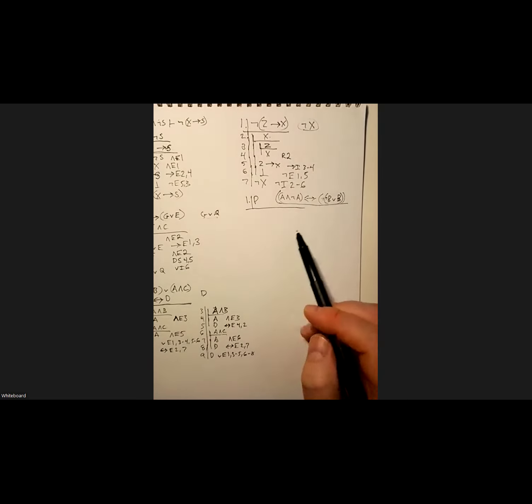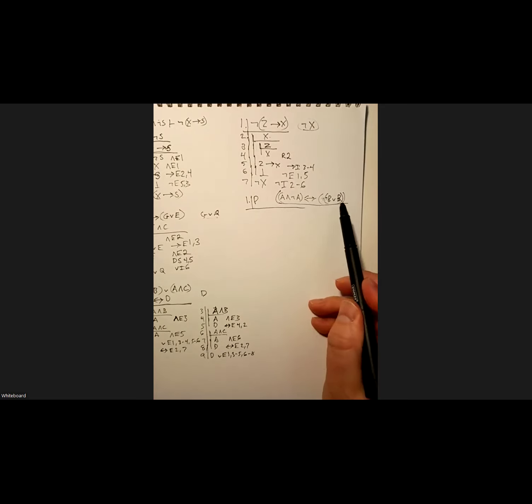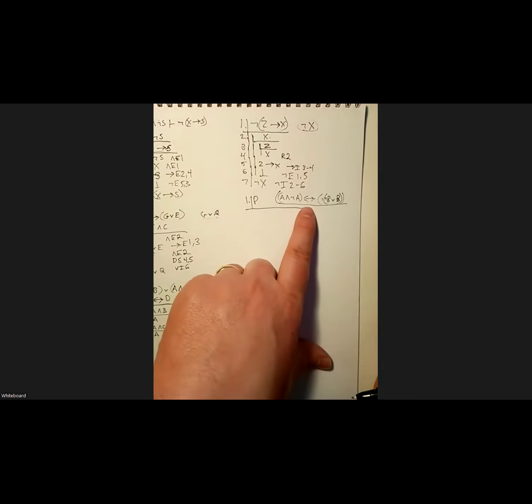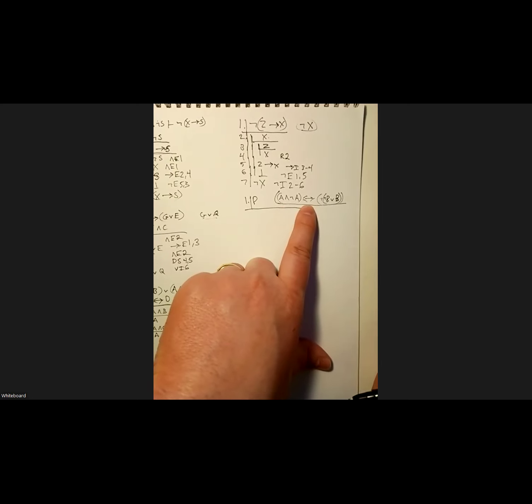Second thing to note is, again, if this is going to be our conclusion, what rule do we expect is going to be our last step? Well, the main operator for this sentence is the biconditional.